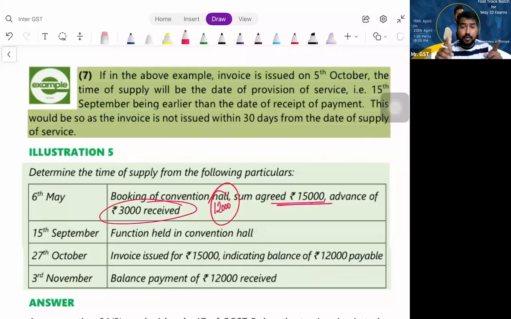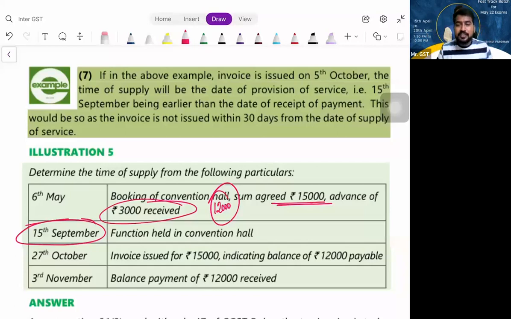I already told you, for each and every payment, you should compute time of supply separately, correct? Tell me, what is the date of completion of service? 15th September. Yes or no? What is your requirement to know what is the time of supply? First thing, what is the question I'll ask you? Whether you have raised invoice as per the time limit or not.